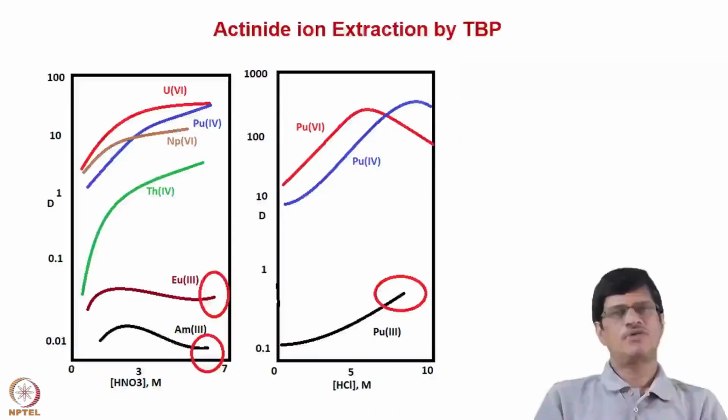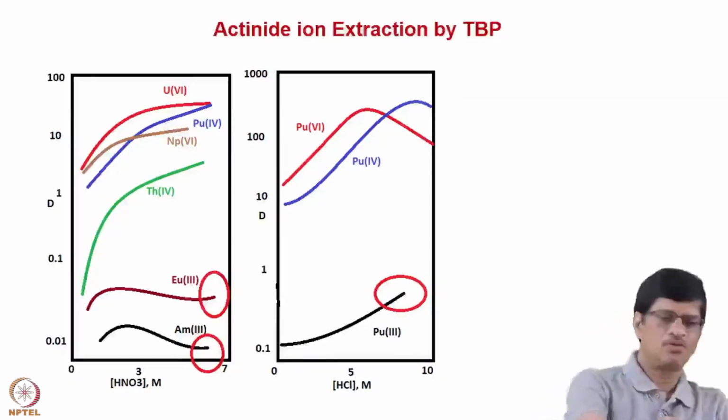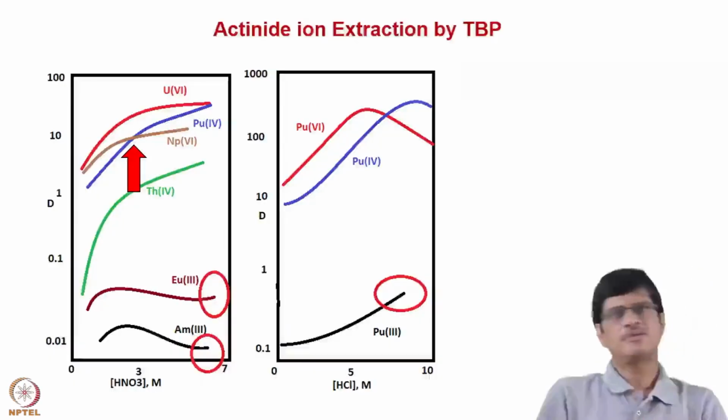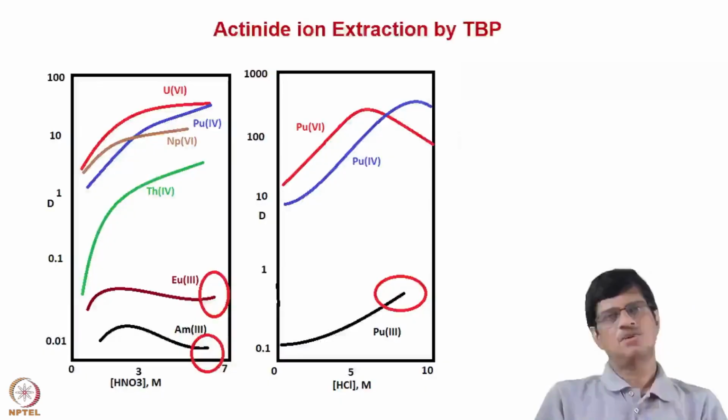And the same is also true for neptunium-6, which is higher than that of plutonium-4, up to maybe around 2 to 3 molar nitric acid. However, beyond that, neptunium-6 extraction is lower than that of plutonium-4, and neptunium-6 extraction is lower than that of uranium-6. That is because of the less strong complex formation of neptunium-6 as compared to uranium-6.